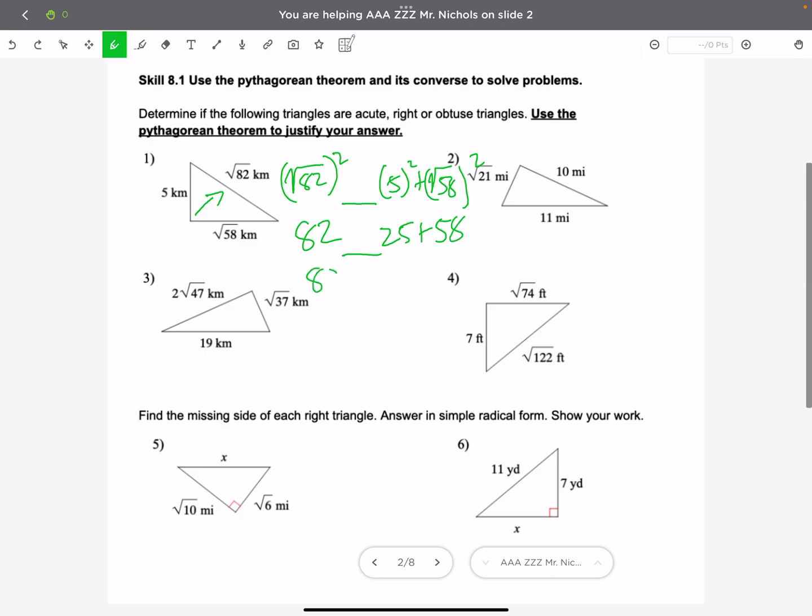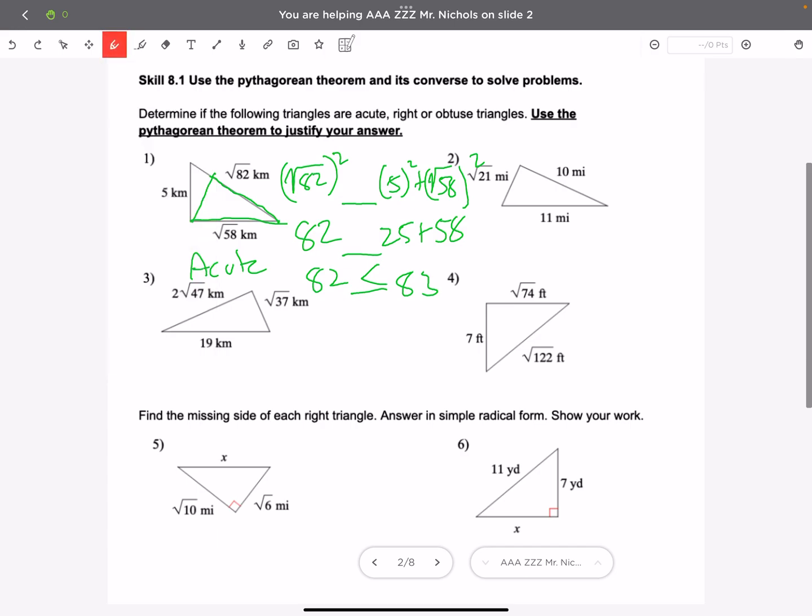And so that's 82 compared to 83, and it's smaller. Now when that c squared is smaller, imagine that this hypotenuse has been shrunk down so it's not as tall, and then we have an acute triangle.